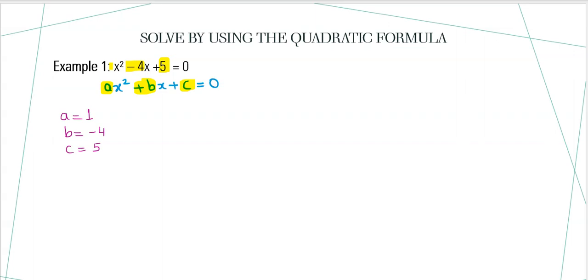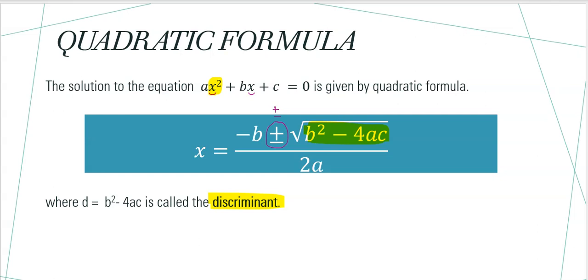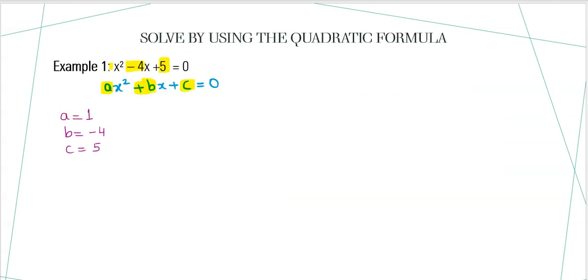Now, we know that this is the quadratic formula where we have to find the discriminant b square minus 4ac. So for simplification purpose, let us find out the value of b square minus 4ac in advance. So let's see, b square minus 4ac. The value of b is minus 4. Substituting it over here, minus 4 squared, minus 4 times a, which is 1, and the value of c is 5.